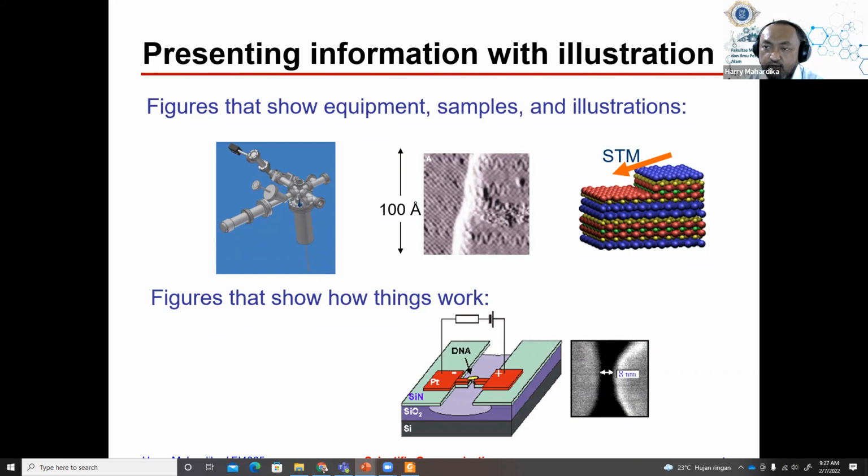So whenever you want to increase or decrease the resolution of the figure, the quality will be maintained as long as you're not stretching it too much, because there is an option in CorelDRAW and Adobe Illustrator to maintain the resolution whenever you want to decrease or increase the size of the figure.